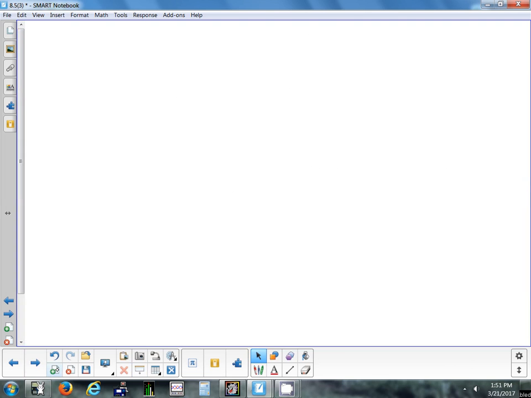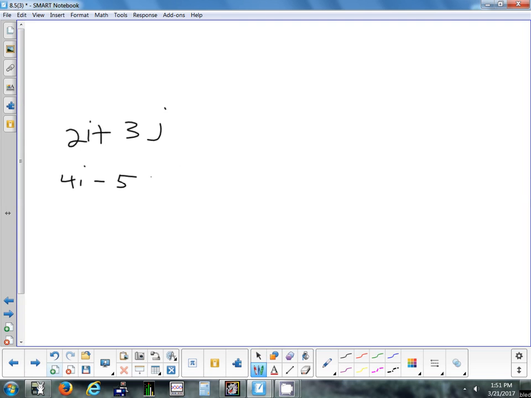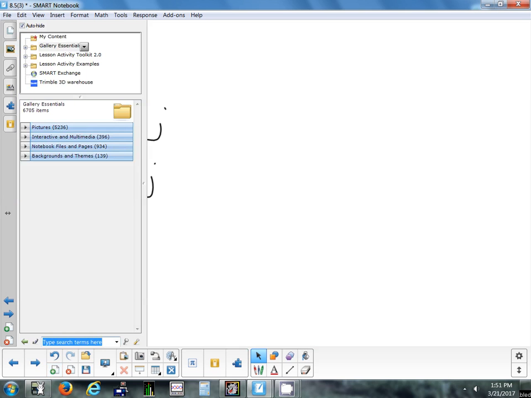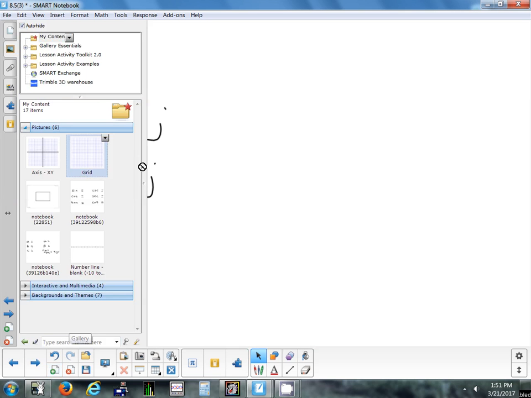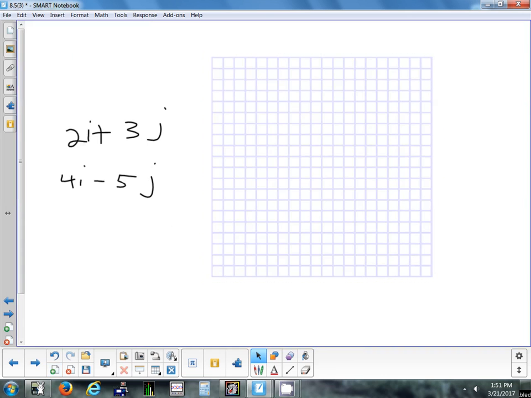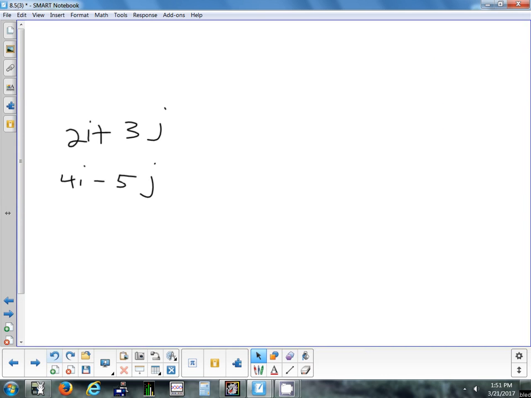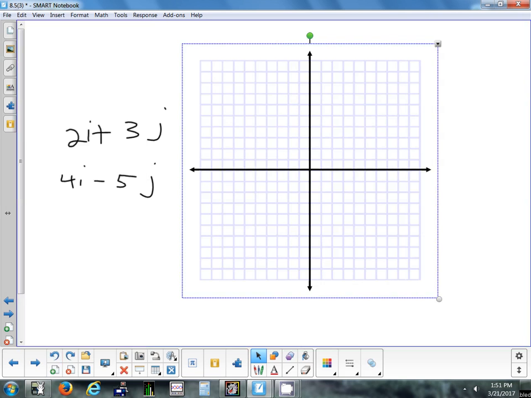Let's take two vectors like 2i plus 3j, and let's take 4i minus 5j. Okay, I'm going to draw those two vectors. I should really do this with axes. That'll just make it a little easier.